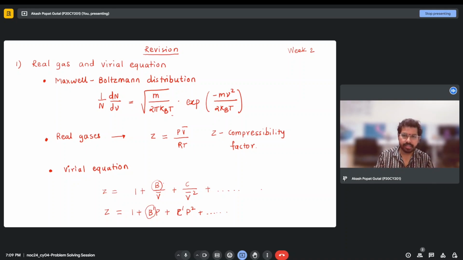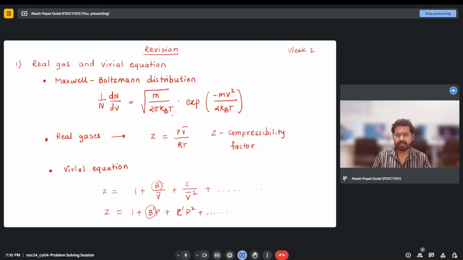And we have seen the real gases. We defined the compressibility factor. Real gases deviate from ideal gases, and PV is not equal to RT for a real gas. We defined another quantity for the given gas, called the compressibility factor.